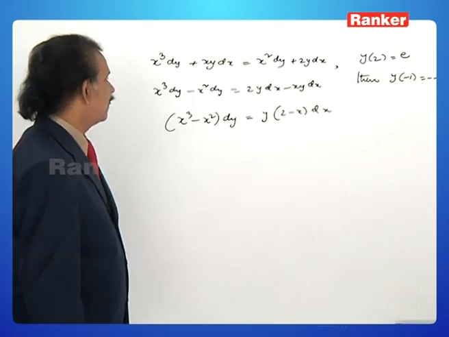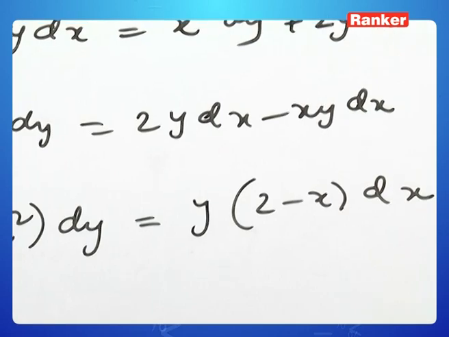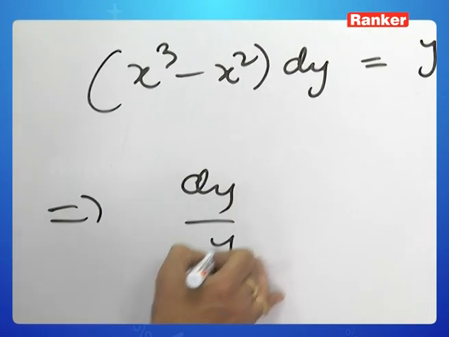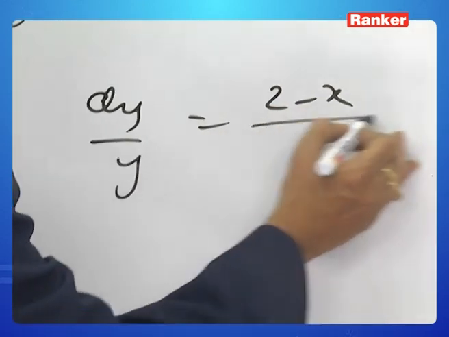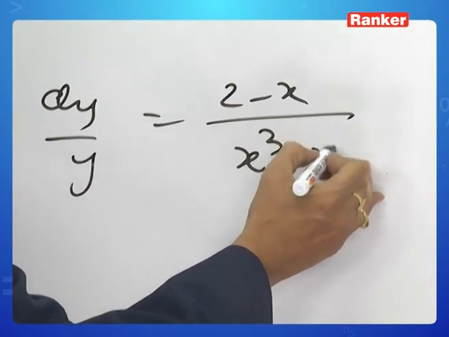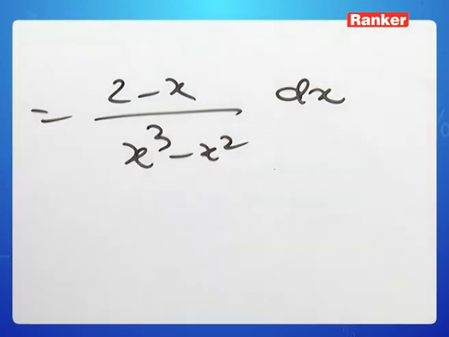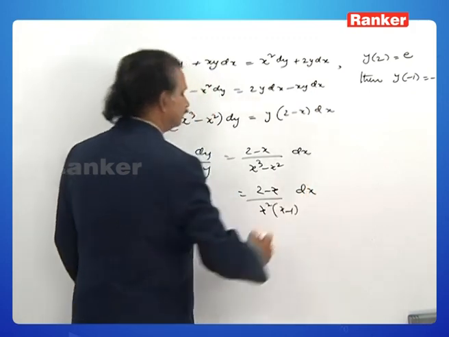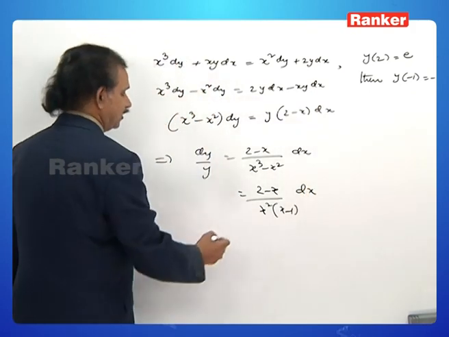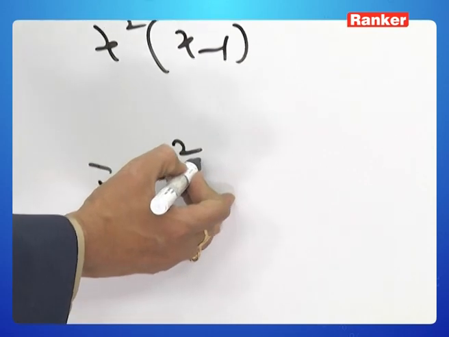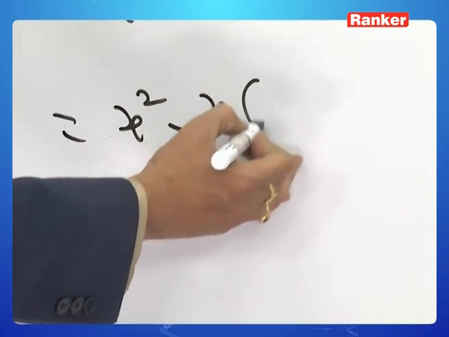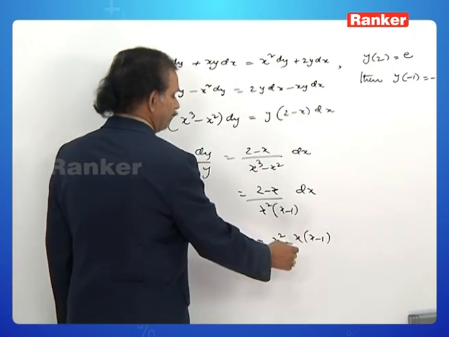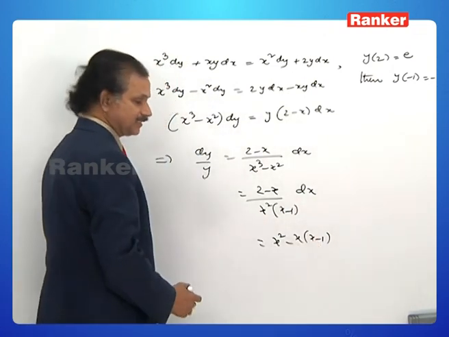Which implies dy by y is equal to 2 minus x by x cube minus x square dx. That is 2 minus x by x square into x minus 1. Now split it as partial fractions: x square into x minus 1 in the denominator, with numerator minus x into minus 1 plus x.